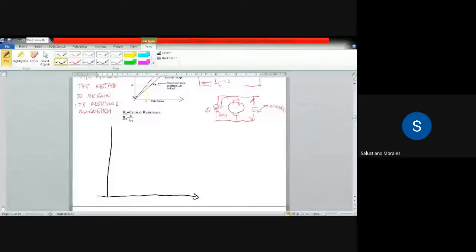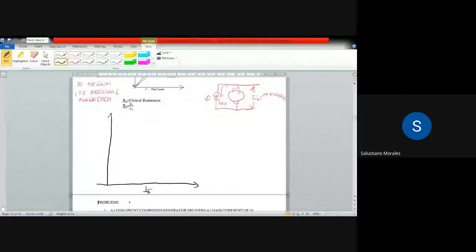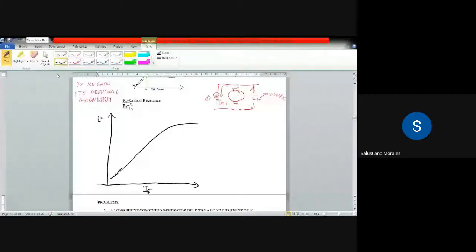So let's say to draw the magnetization curve. The magnetization curve is the curve generated between the field current IF and the generated voltage E. So that we have, it looks like this. Then after that, we will also draw the so-called Ohm's law line or excitation line. So this is the magnetization curve.